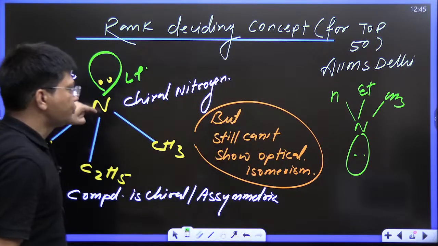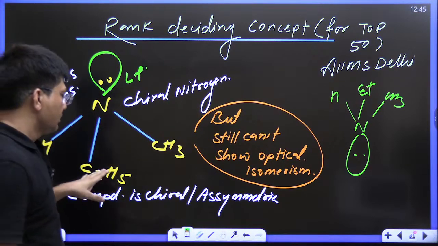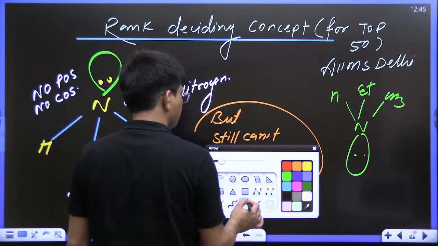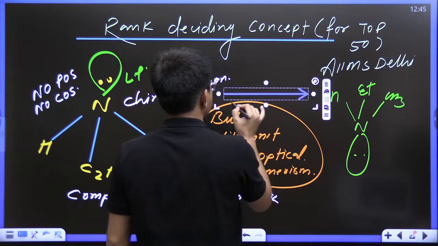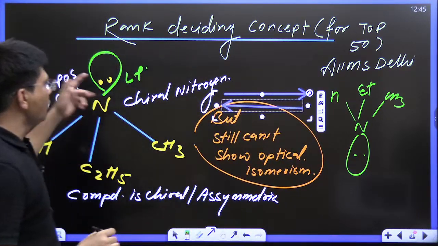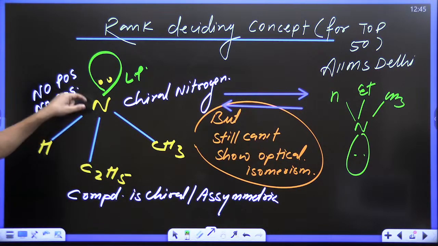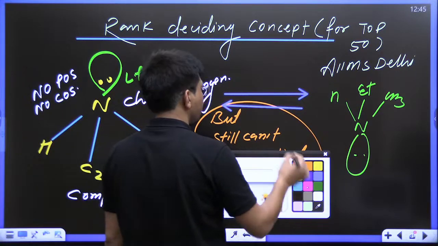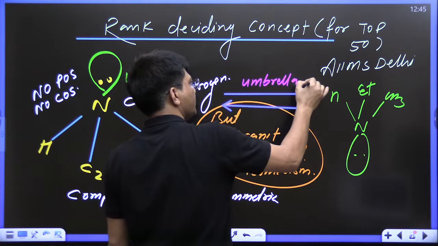So this form will convert into that form, although it is chiral, although it has no plane of symmetry and no center of symmetry. This is conformational isomerism, known as umbrella inversion.